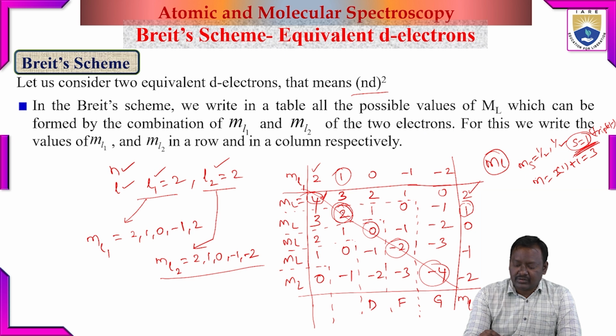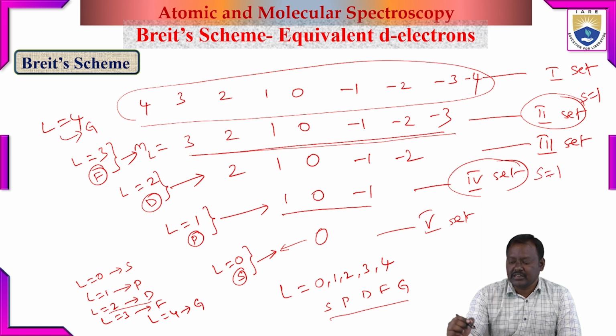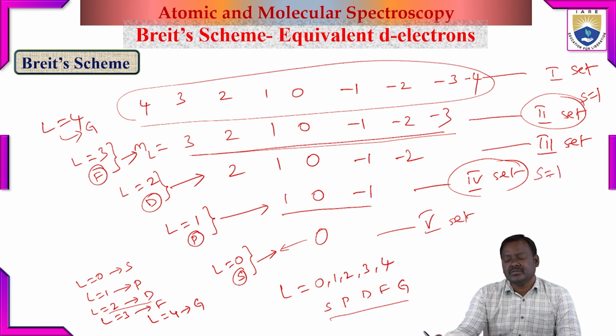And if we exclude 2, then 1, 0, minus 1 is also possible for s equal to 1. So 1, 0, minus 1, the fourth set, is also possible for s equal to 1. Okay.